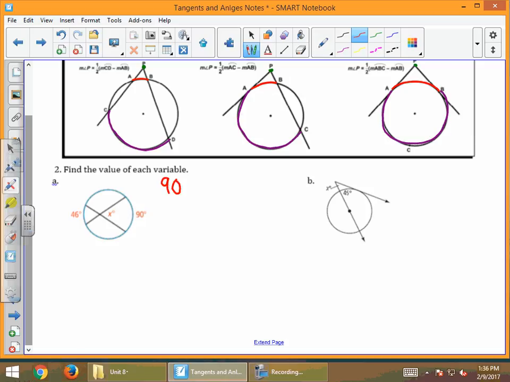Because they're intersecting inside, I add 46. And I'm going to divide that by 2. That'll be your answer. I'm going to simplify a little bit. 90 and 46 gives me 136 divided by 2. What's half of 136? 68. So I know that x is going to be 68 degrees.